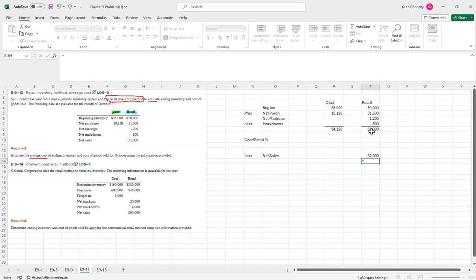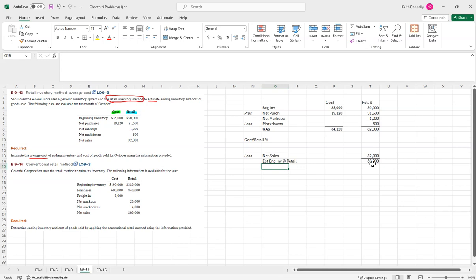This is going to be our goods available for sale. If we're at 82 and we sold 32, $50,000 is going to be our estimated ending inventory at retail.